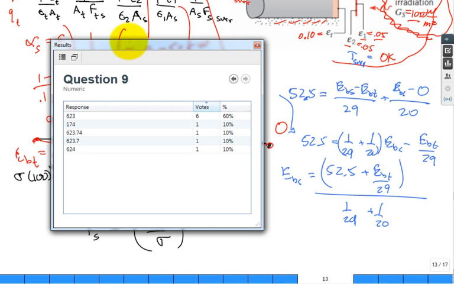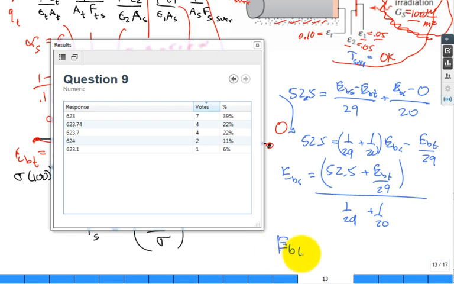I like the 623.74. How many people have calculated the EB of the tank, which is sigma T of the tank to the fourth, which comes out to 5.67? Yep, it comes out to 5.67 to help you a little bit.